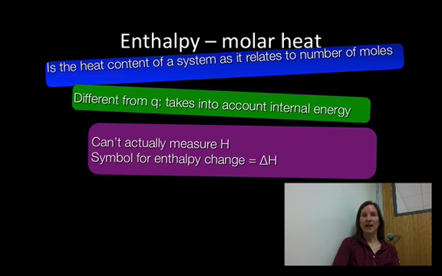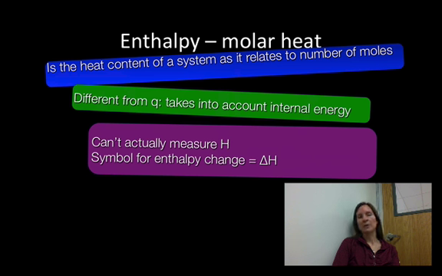So to quantify when we are dealing with heat changes that don't necessarily involve a temperature change, we use a label called enthalpy. And enthalpy is sometimes referred to as molar heat because enthalpy is specifically the heat available per mole of something. This calculation for heat specifically has to do with the internal energy, so really the potential energy of whatever substances we're looking at.